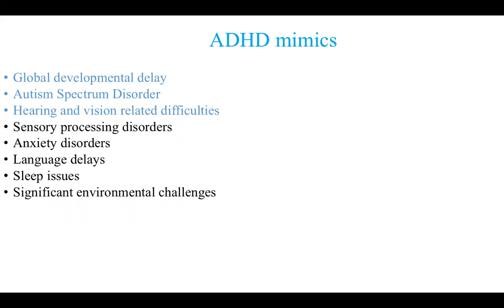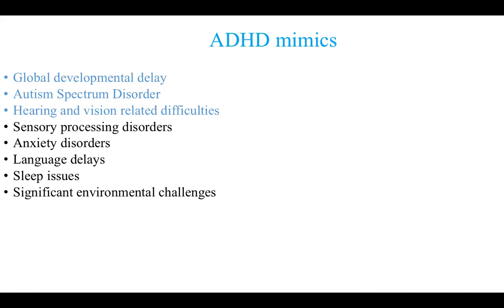The second is autism, because autism and ADHD are quite common as comorbid conditions. In autism, ADHD is quite common, almost to the tune of 30 to 35% of the cases. And it's been my observation that the reason for this is sensory processing problems. Maybe the child has tactile, vestibular, or proprioceptive seeking behaviors, so the child is moving around, rocking himself, or flapping, because of his sensory issues.